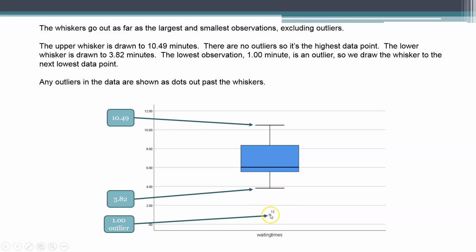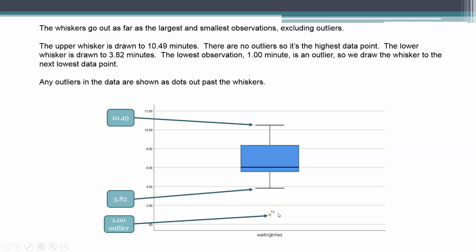First of all, let me show you this 12 here does not mean that this data point is 12. You can see where the data point is by looking over here. So you can see on this scale, the data point is 1. The 12 means in SPSS, it's the 12th observation.